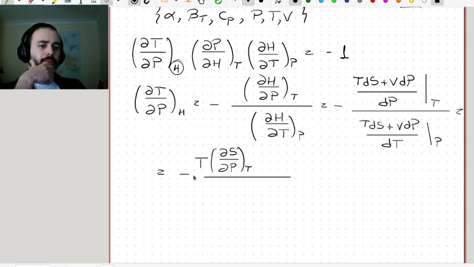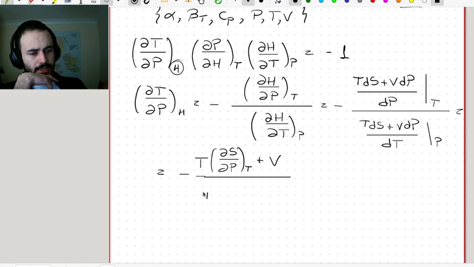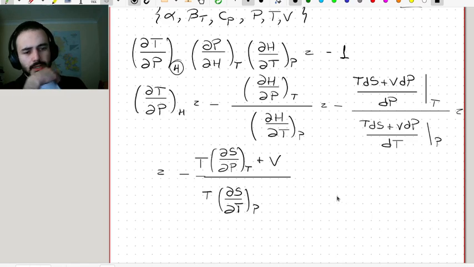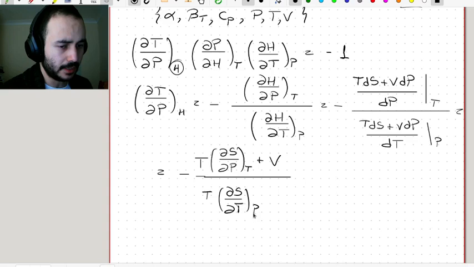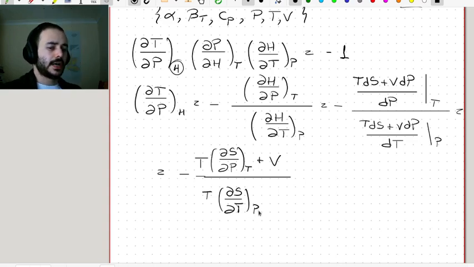Okay, and then here I have plus the volume, and in the denominator what I have is the T times the partial derivative of S with respect to T at constant P. Now remember that this thing here is nothing but the reversibly absorbed heat divided by, or per unit temperature, in an isobaric process, or infinitesimal isobaric process.